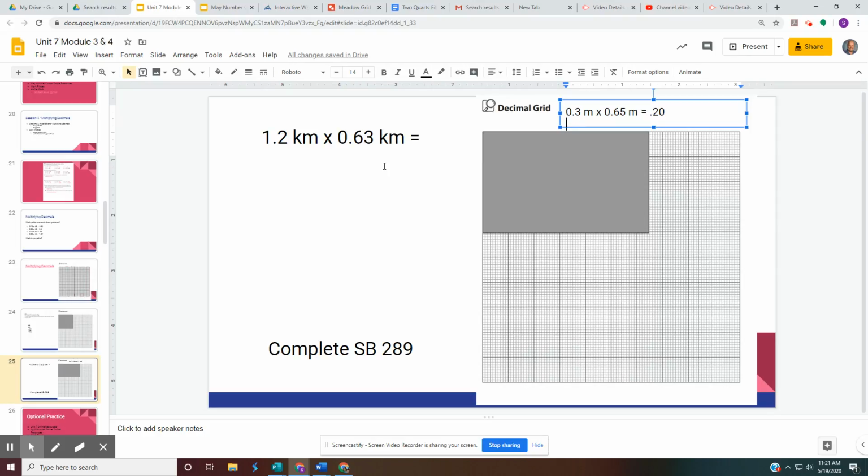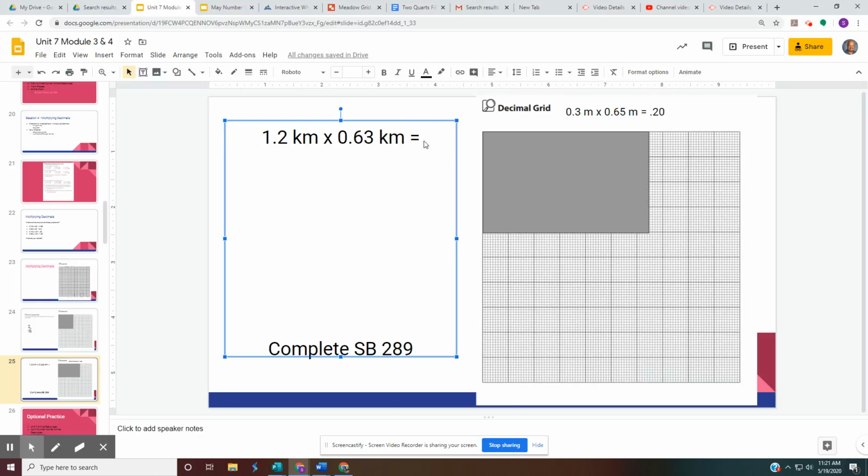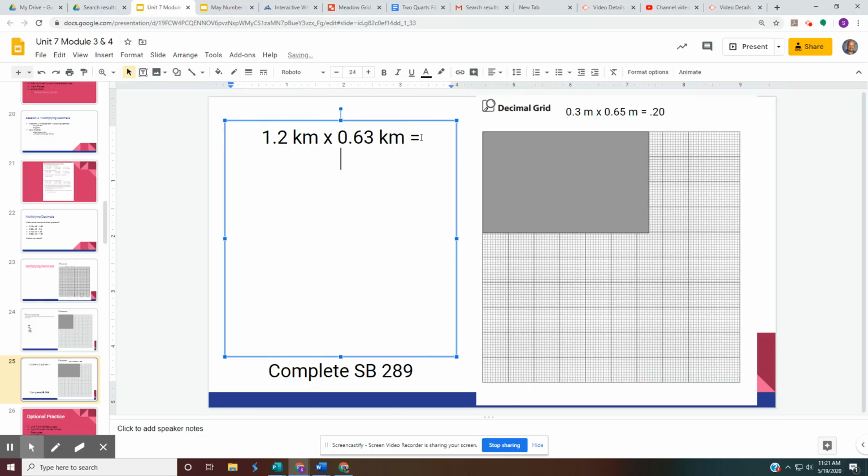What do you think? All right, well, let's go ahead and try this out. So I am going to take 12 times 63 because I am not going to even think about decimals yet.